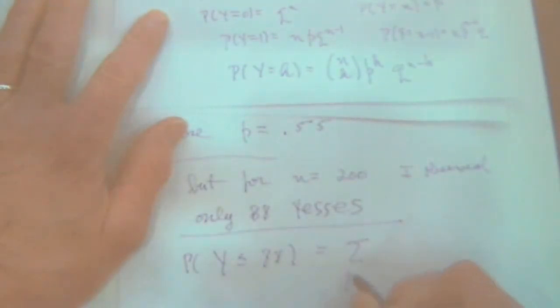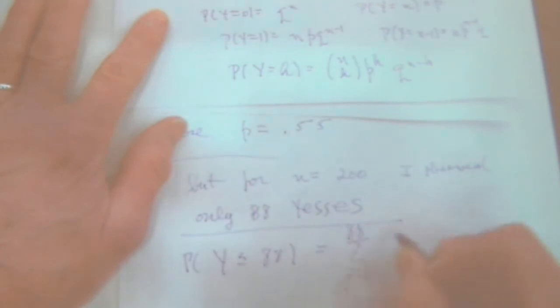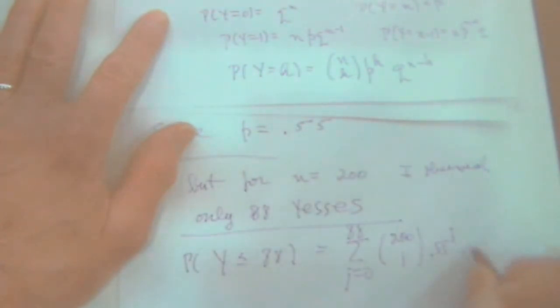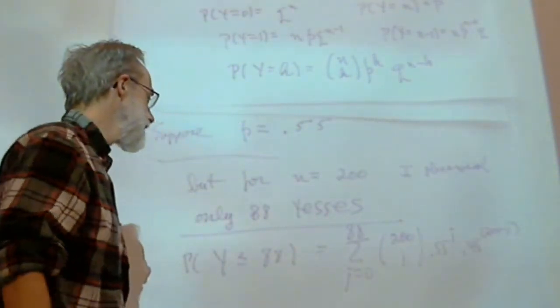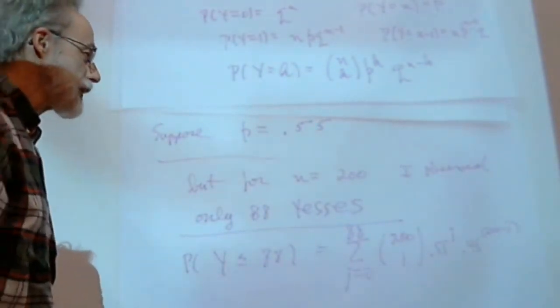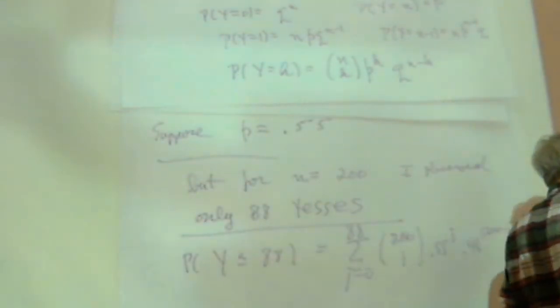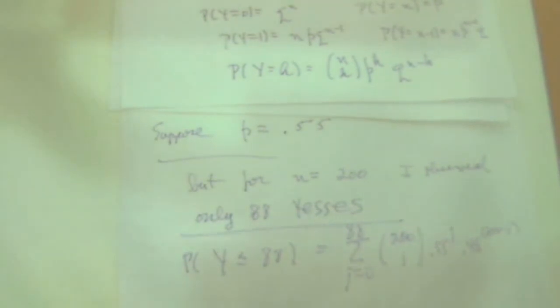It's a sum from j equals 0 to 88, 200 choose j, 0.55 to the j, 0.45 to the 200 minus j. So now you're really, right? So even your slide rule is not going to help you. But the computer does, right? Doesn't matter. Doesn't matter if it's 200 or 10 billion.